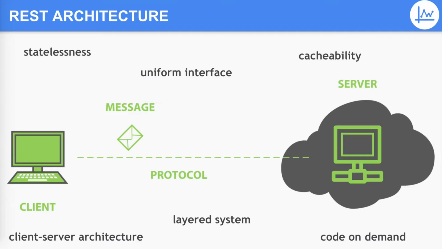The third constraint I would like to talk about is cacheability. Clients and intermediary servers can cache responses. However, responses must be marked implicitly or explicitly as cacheable to prevent clients from getting stale or inappropriate data in response to subsequent requests.